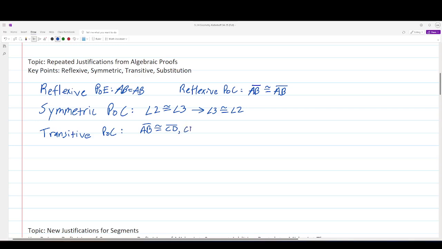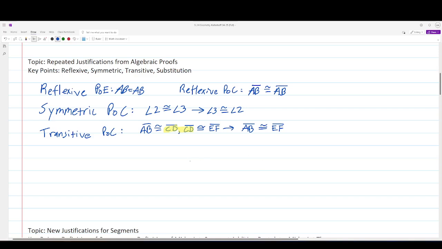Then the other one would be something like segment CD is congruent to segment EF. Then we can chain those together. Since the middle part is the same, and we have CD and CD, we can chain those together and say the conclusion AB is congruent to EF. So basically take out the CDs in the middle and just have AB congruent to EF.